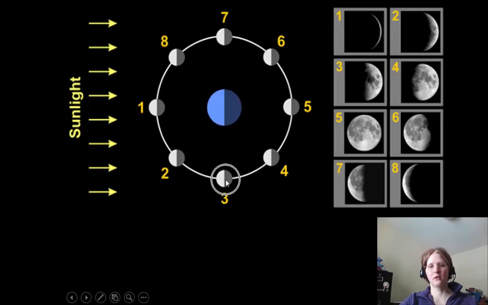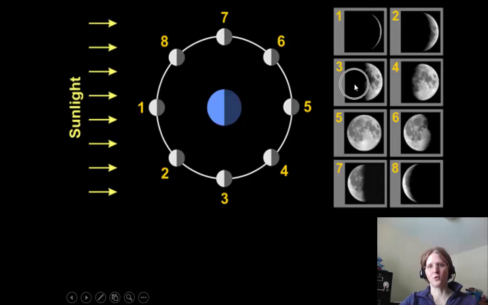First quarter would be above your horizon if you were somewhere on the evening side of Earth. And from the evening side of Earth, you would look out to the moon and you would see half the moon lit up and half the moon in shadow. You're looking at the near side of the Moon.